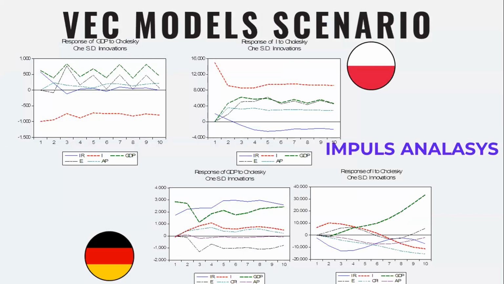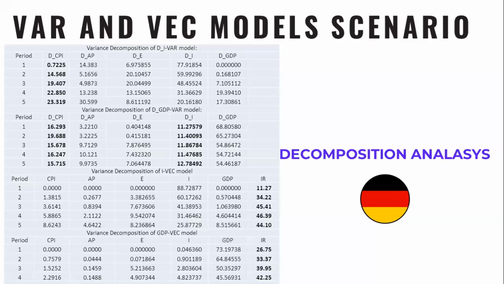For the VEC model, the results are a little different compared with the VAR model. From the first graph, we can see the oscillating influence, but from the second, third, and fourth graphs, trend shocks influence the national economy in migration and GDP.